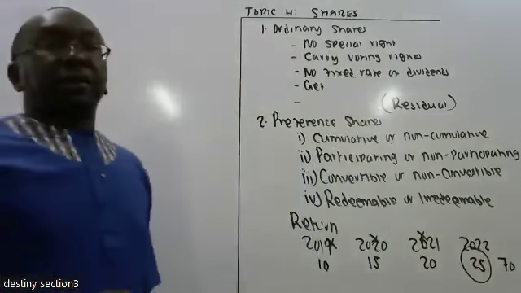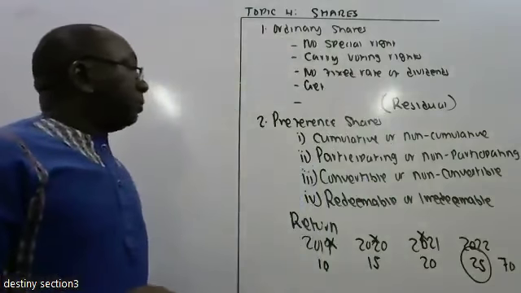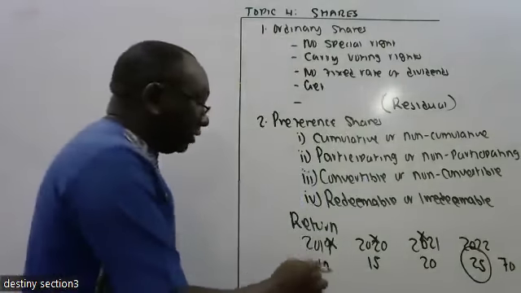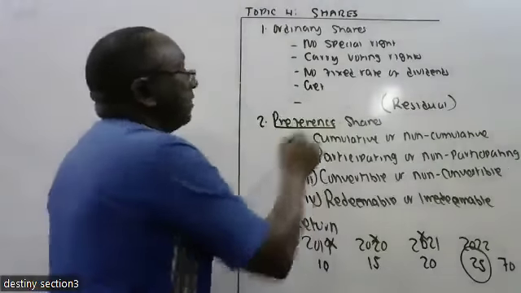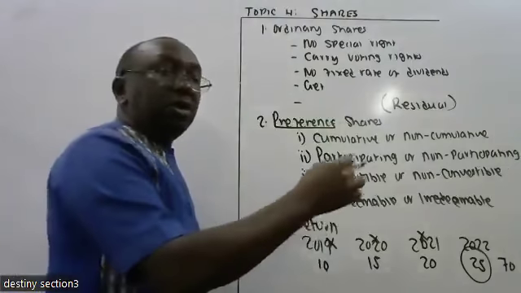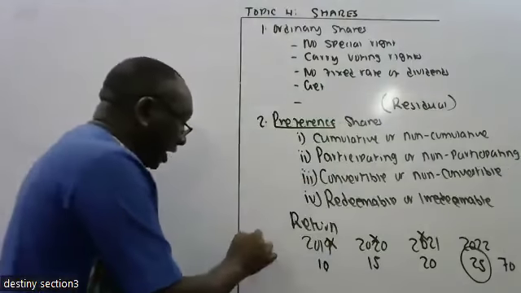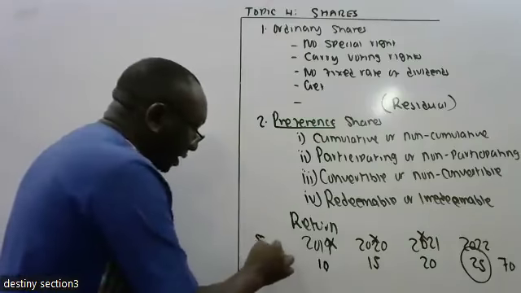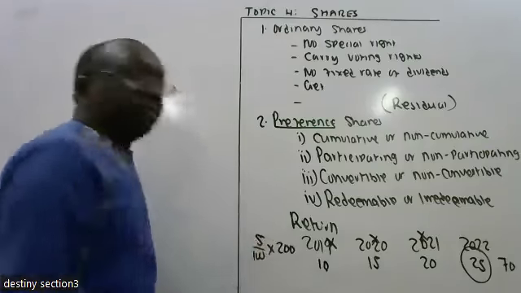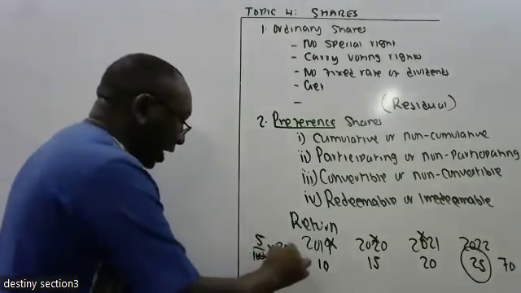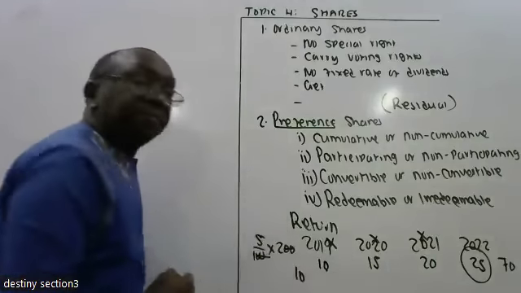We already paid that. The other thing is participating. Remember we said preference shareholders have a fixed rate of dividend, which is based on nominal value. Assume the rate is 5%, and we have made a profit of 200. So 5% of 200 is 10 shillings.